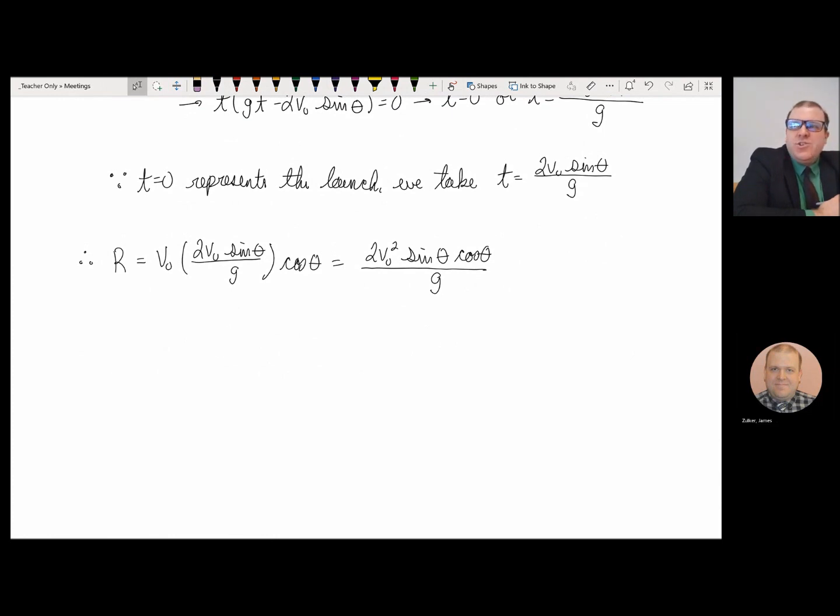However, we can make range look cleaner. Two times sine times cosine simplifies. Can anyone tell me what it simplifies to real quick? Bummer. It's the double angle formula for sine.